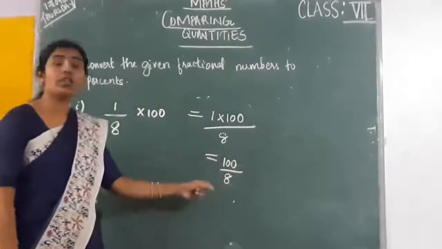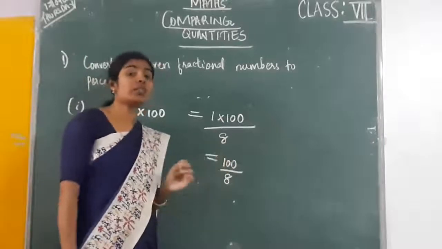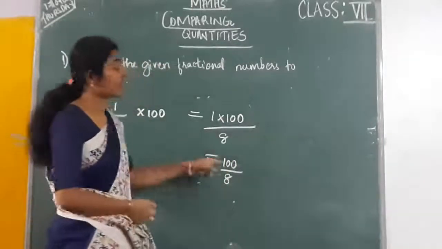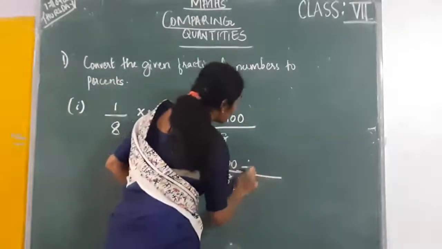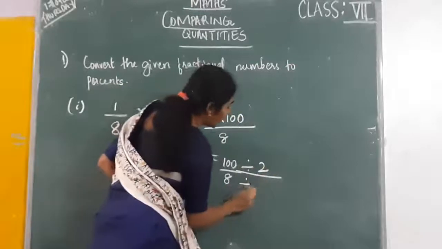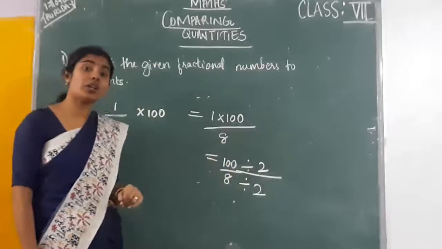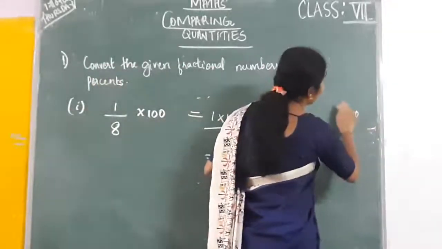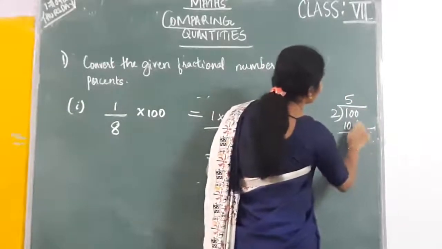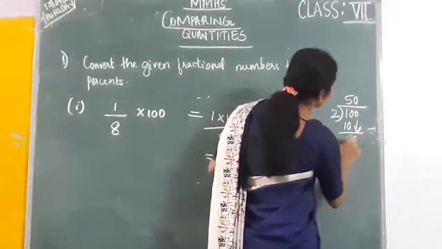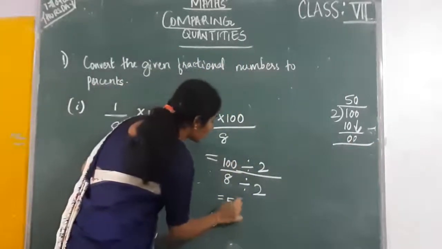Now we will do the cancellation for these two numbers. 100 and 8 both are in which table? Both are in the 2 table, isn't it? So numerator and denominator you should divide by 2. 100 divided by 2, 2 fives are 10, so you write 10 in the quotient, and 100 divided by 2 is 50.